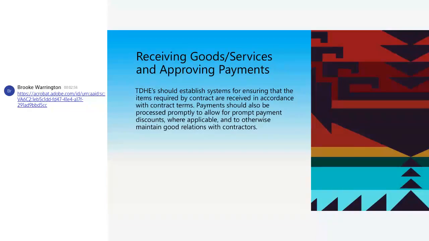So, receiving your goods, your services, approving payments. Okay, this was another area where I had a procurement officer. She would absolutely go bananas. You guys, I know that you needed that part, but you can't just walk in and take the whole box. I've got to have the slips on it. I've got to have the paperwork on that.